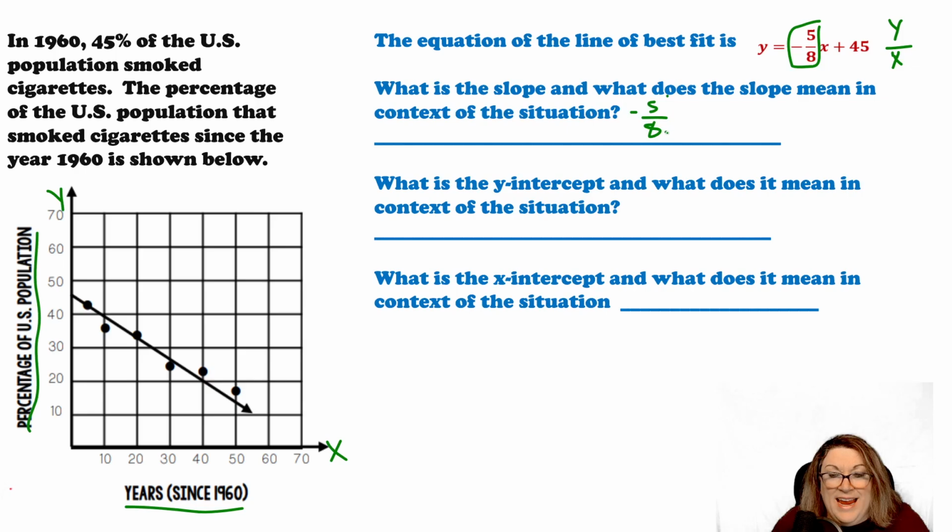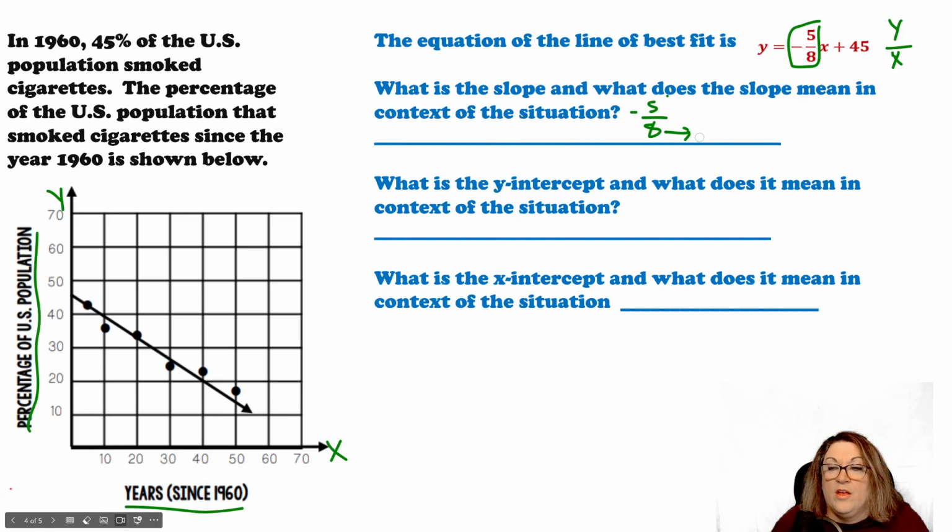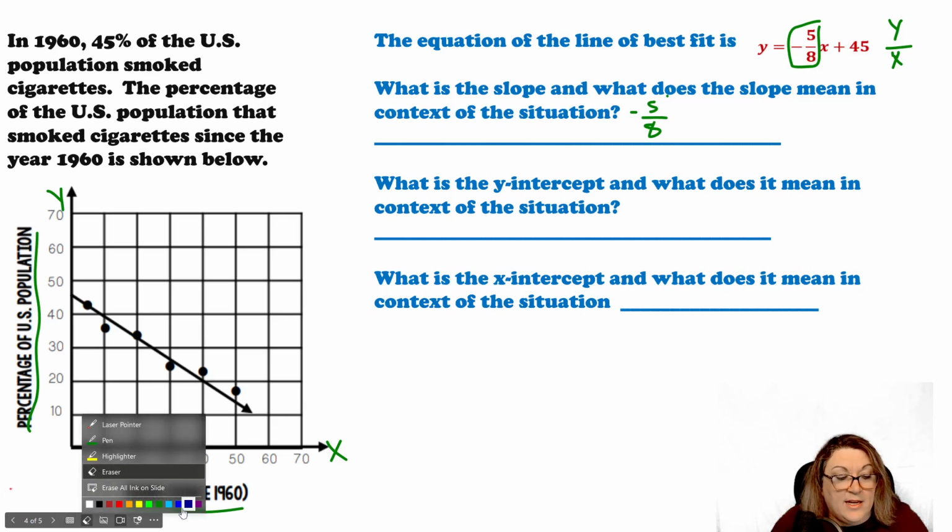Eight years past 1960. Well, let's do it this way. I want to explain it a better way than the way I'm about to explain it. Okay, you can expect 5% of the population to go down every 8 years since 1960.